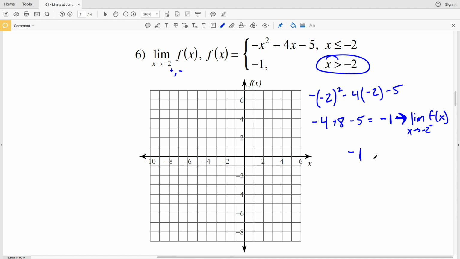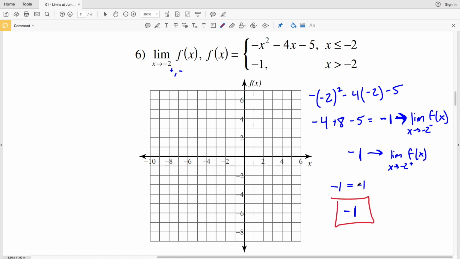So that means that -1 is indeed the limit of f of x as x approaches -2 from the right. So because -1 equals -1, because the limit of f of x as x approaches -2 from the left is equal to the limit from the right, the limit as x approaches -2 is -1.